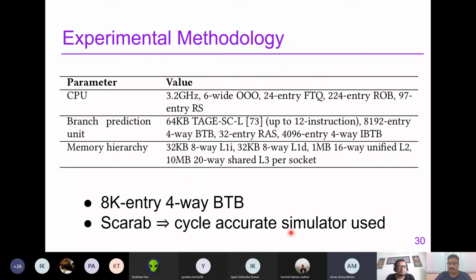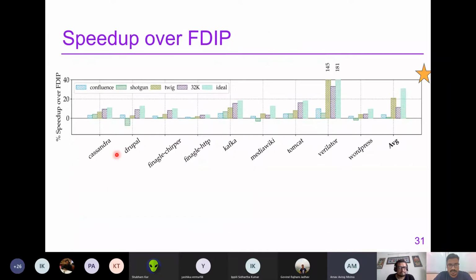They are using a cycle accurate simulator, with an 8K entry 4-way BTB, and these are the other configurations. This is the speedup over the baseline FDIP, which is a decoupled front end. Focusing on one application, the first blue bar is Confluence and the second one is Shotgun.